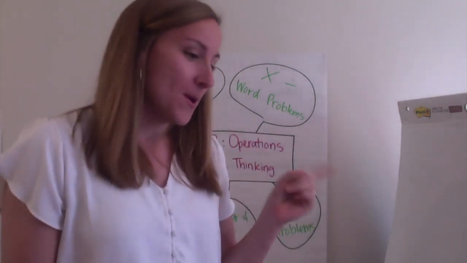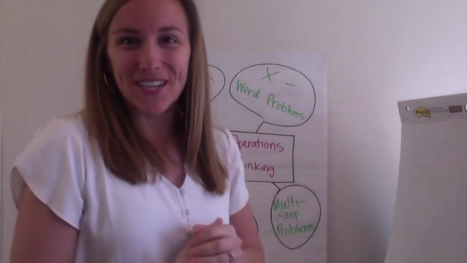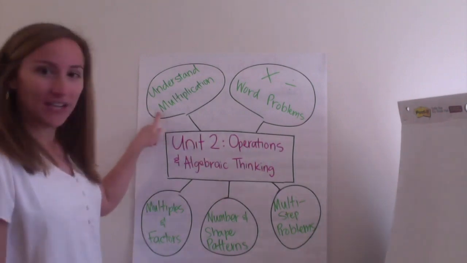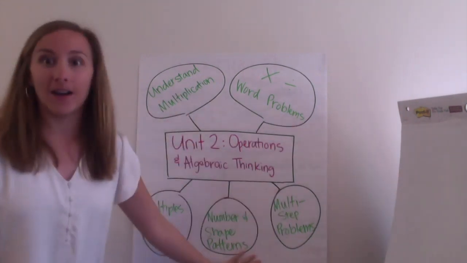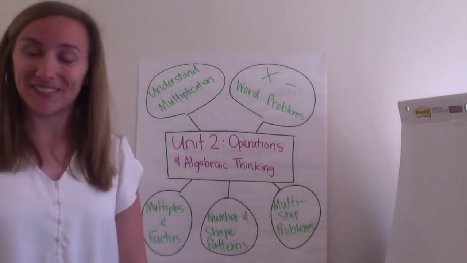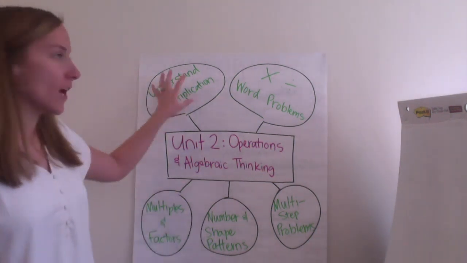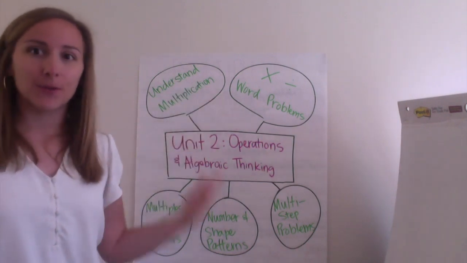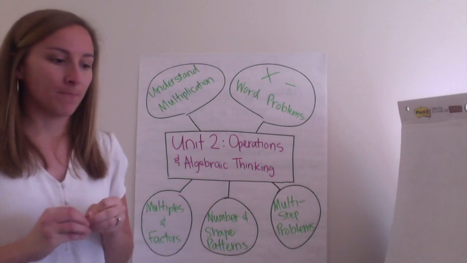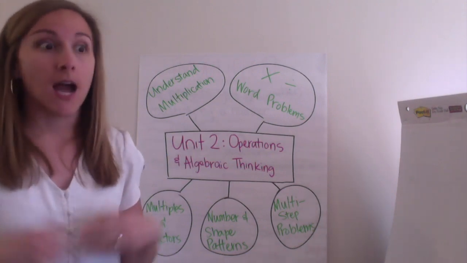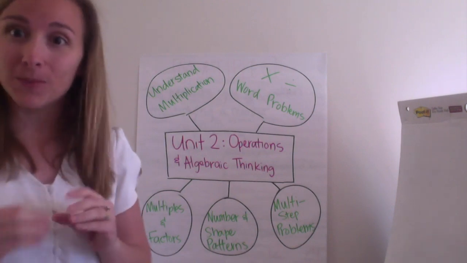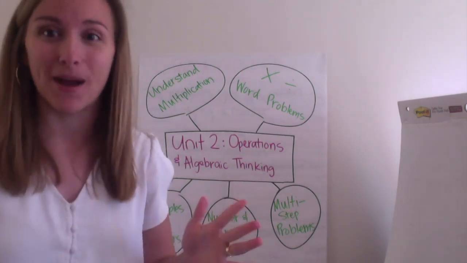Whew. So we'll jump on into our information for Unit 2. In Unit 2, we talked about a lot of things, and it's been a minute since we covered it. We talked about understanding multiplication. What does multiplication mean? Really diving into understanding not just that 2 times 2 is 4, but why. We talked a lot about multiplicative comparisons. That's a mouthful.